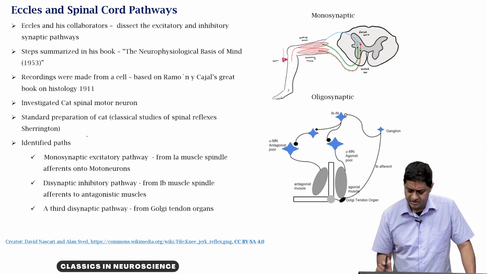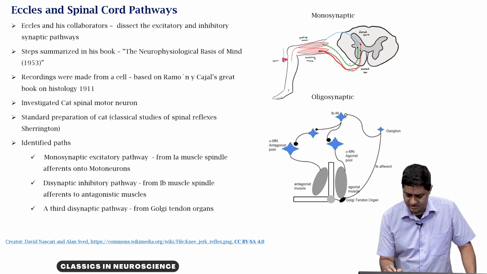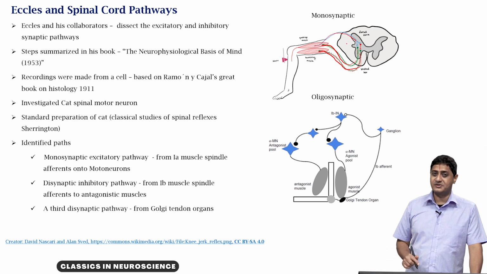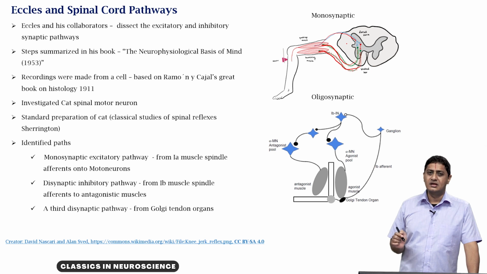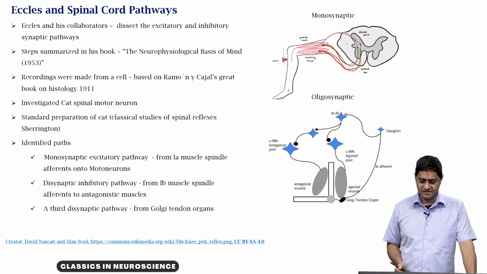What is shown here is the motor pathway exciting the muscle and the motor pathway that excites the antagonist, and the information that is taken by the sensory system. What happens when you perform the tendon tap experiment? You just tap the tendon, then immediately there is an extension that is seen.